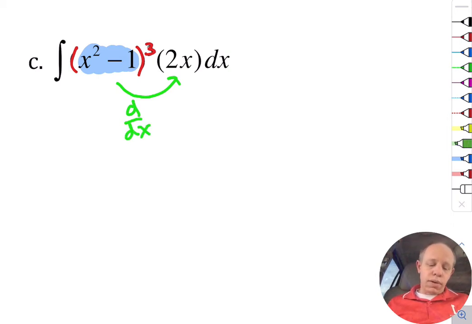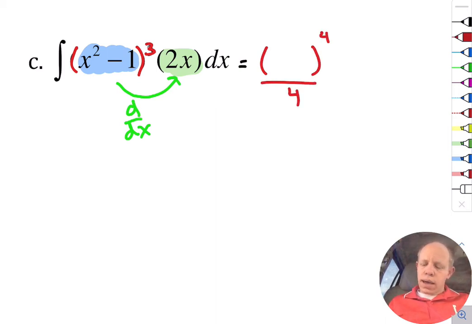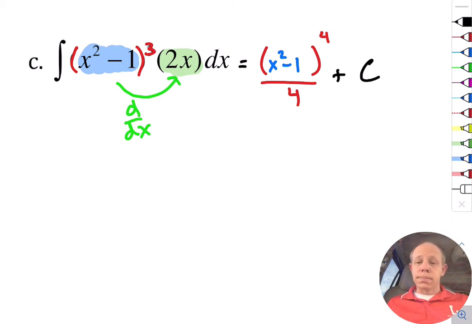And the derivative of x squared minus 1 is my 2x. And so everything is there, and it's exactly in this pattern. So we can go straight to our answer now of raising the outer function power by 1 to the fourth, dividing by the new power, keeping that inner function the same, x squared minus 1, and including the constant of integration.